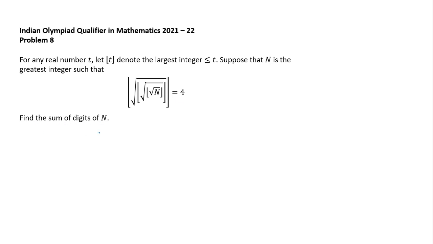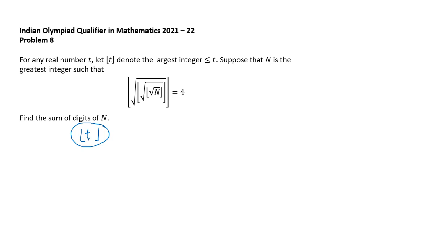Before I dive into the solution to this problem, I would like to give some examples first on the floor of t, given some values of t. Now, the value of this is always an integer. How do we determine that integer value? It depends on the value of t.